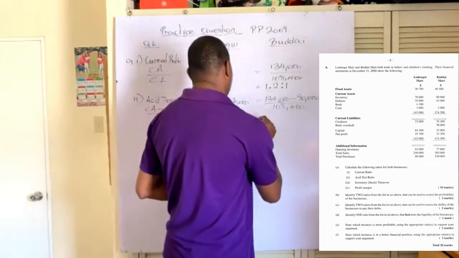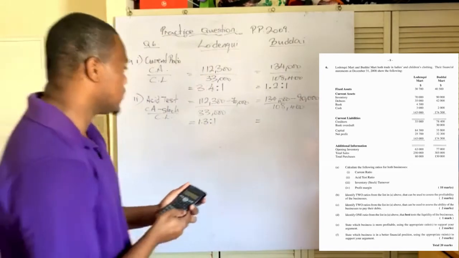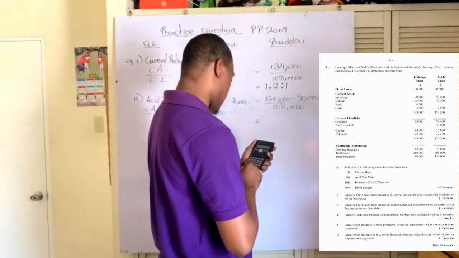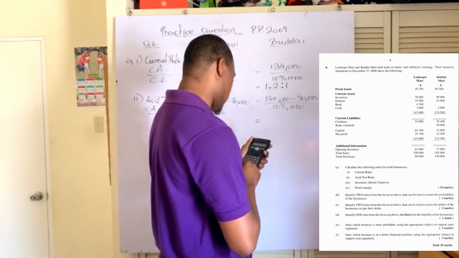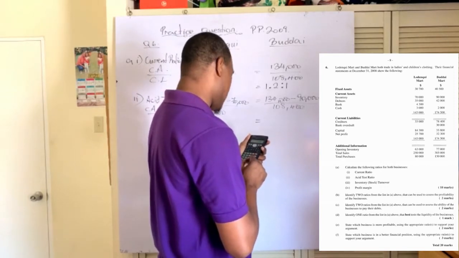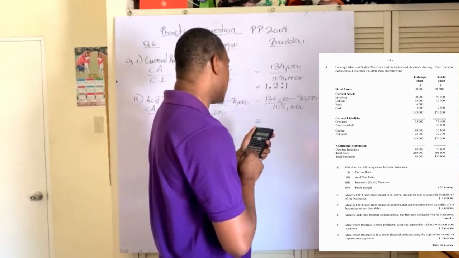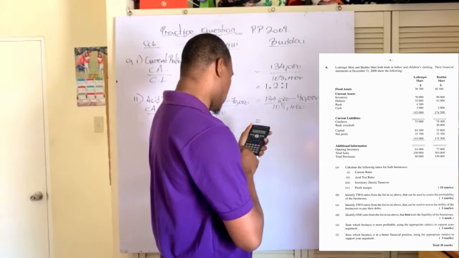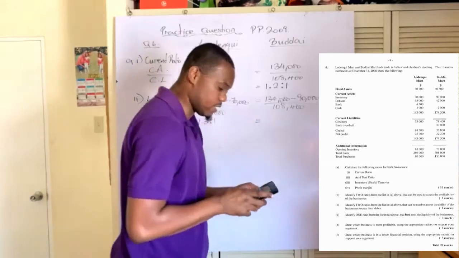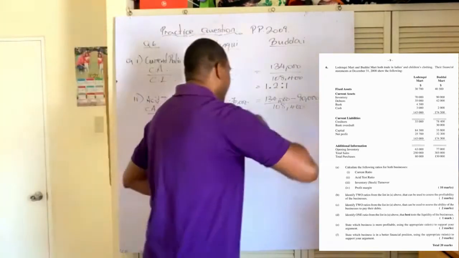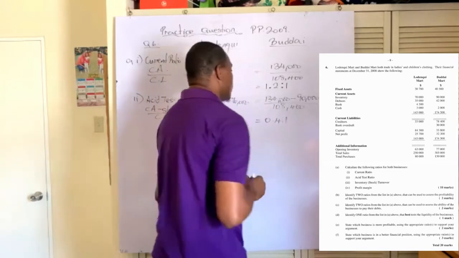And Budai now is 134,000 minus 90,000, which equals 44,000, divided by 108,400, and that gives us 0.4, 0.421.